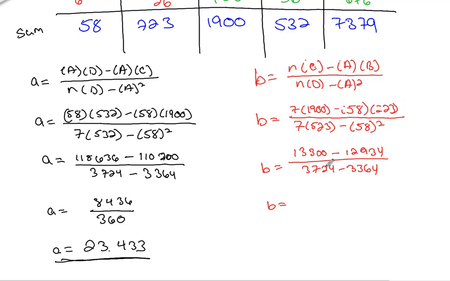And then notice my denominator again is the exact same, so I should get 3,724 minus 3,364. Then I'm going to do the subtraction. So 13,300 minus 12,934 is going to give me 366. And my denominator again is the exact same of 360. I'm going to do that division and I'm going to round to 3 decimal places. Remember to use correct rounding rules. And you get 1 and 17 thousandths.